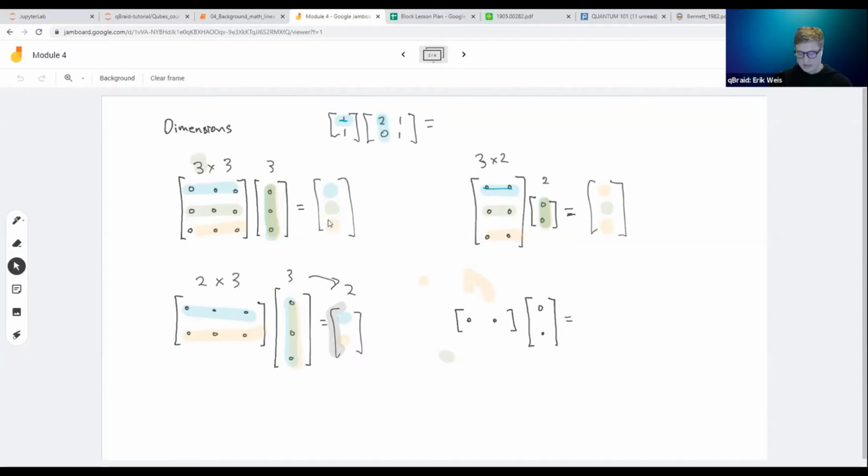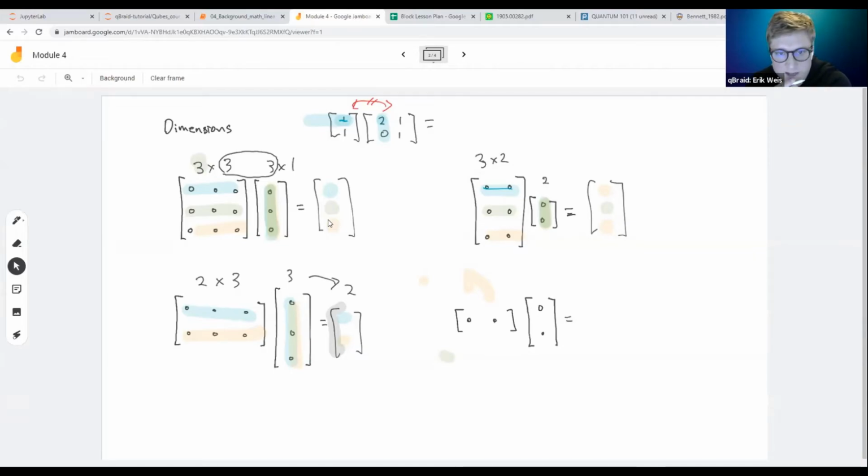Here, our horizontal axis only has 1 element, and the vertical axis has 2, and those dimensions don't match up. And if they don't match up, we're not able to carry out that process. So what we say is we need the inner dimensions of the matrices to match. So in this case, we have a 3x1 matrix and a 3x3 matrix, and we need these dimensions to be the same for everything to work out.